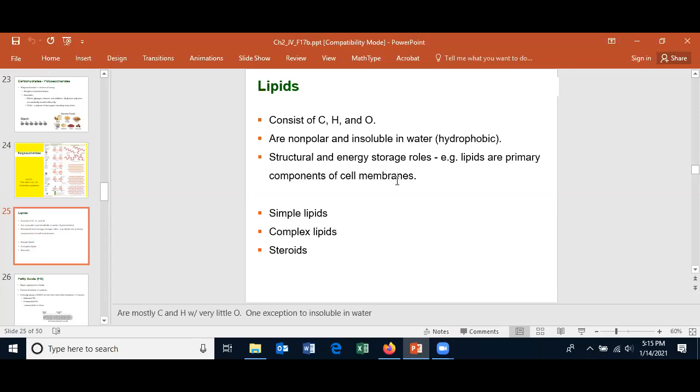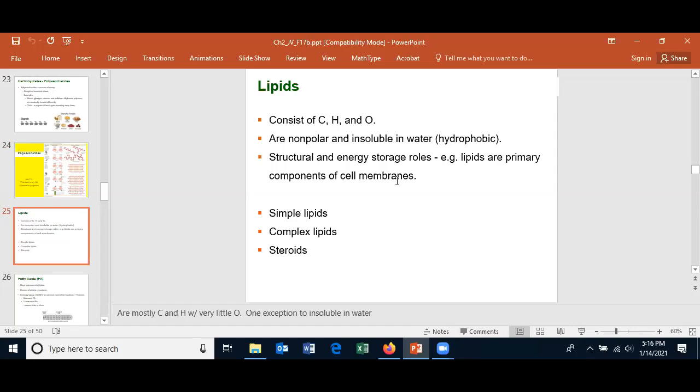And then I'm sure you're aware of the fact that we store calories, we store energy as lipids, so that lipids are an important storage molecule. And if you eat too much, what you're going to do is convert whatever you're eating into a lipid and then store it down as a fat. And we'll talk a little bit more about that in a little bit. All right, any question about any of that?